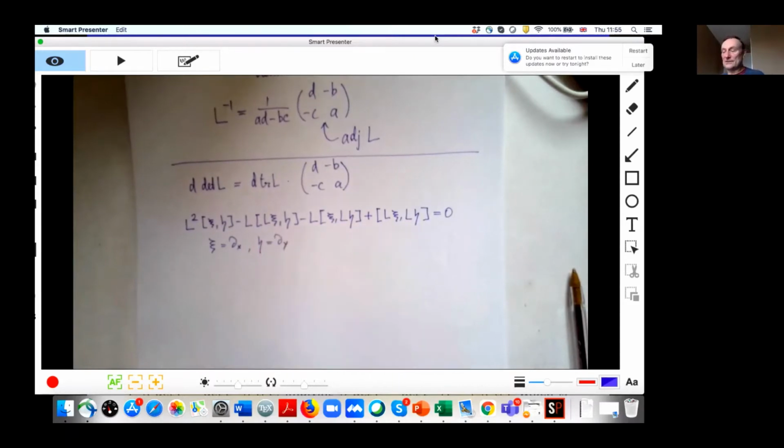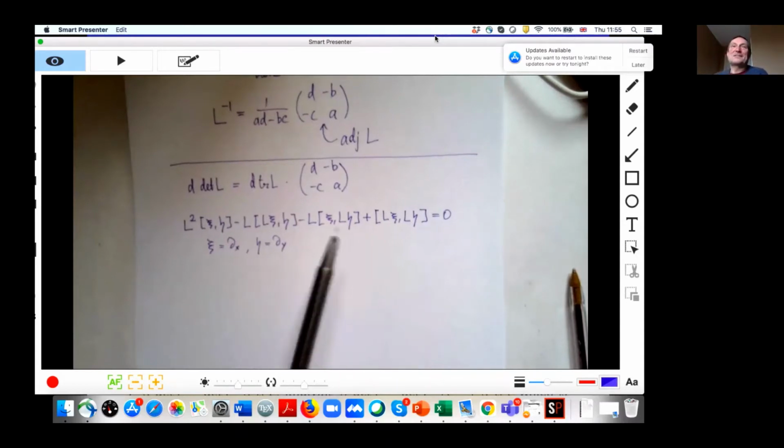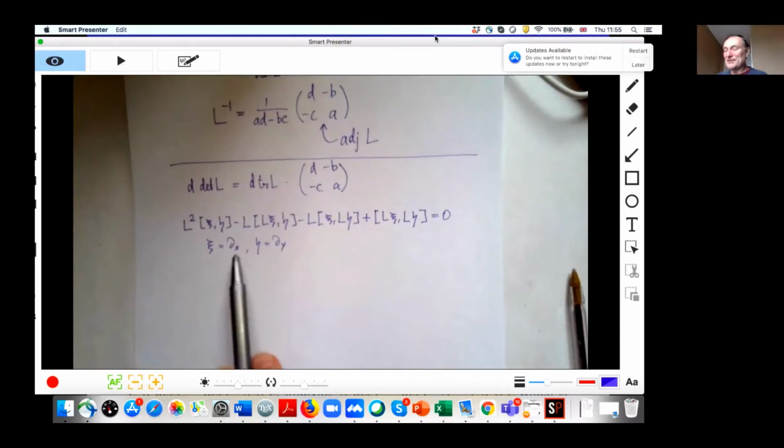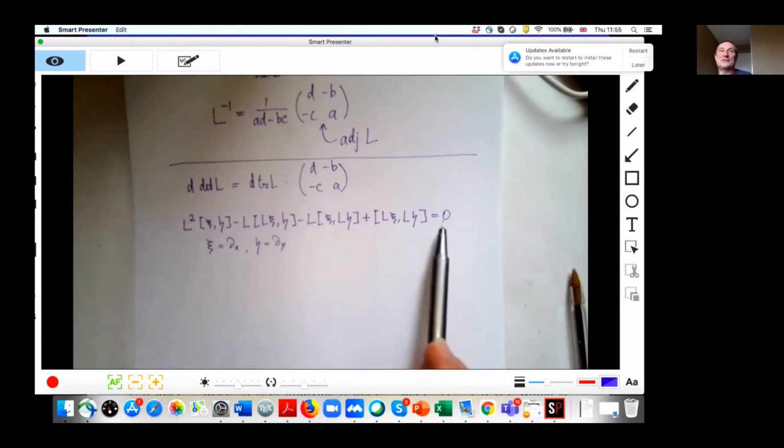No, because I only need to check this condition for the basis vector fields, and since there are only two, that's what I need to do. I substitute these two vector fields, and if the condition holds true, then we are done.